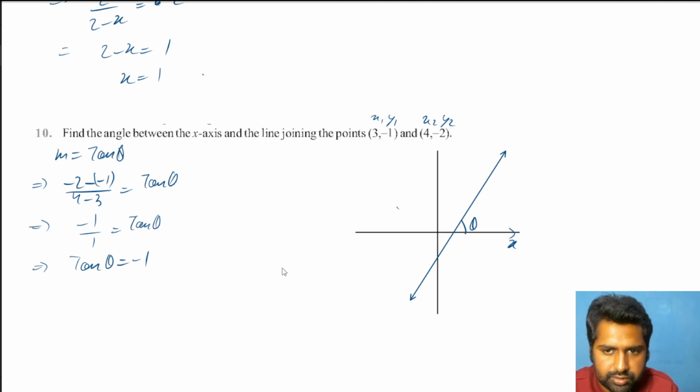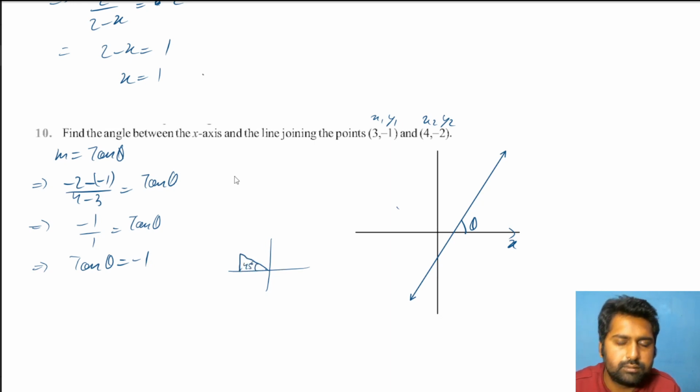Okay, forget about the positive one. Basic tan is 1 when angle is 45 degree, but it is negative. So for negative, we have to do in the second quadrant with 45 degree. Let's increase the size.